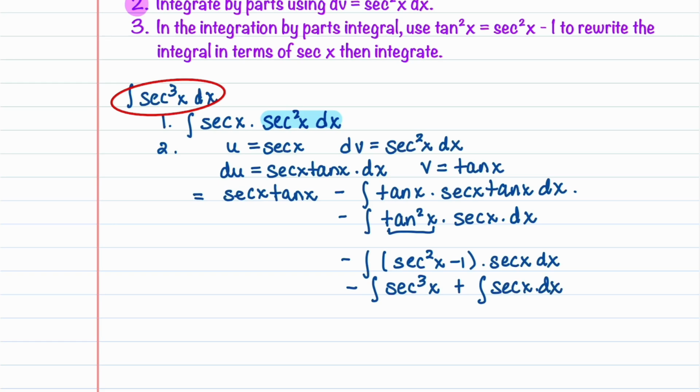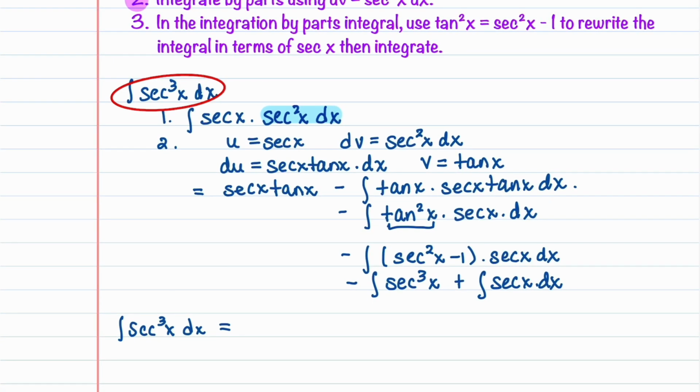Now let's go ahead and combine everything. I'm going to write down the integral secant cubed x dx is equal to our u times v, which was our secant x tangent x. And then we have minus the integral secant cubed x, and I just realized I forgot the dx there. And now we're going to add on the integral of secant x. We know what that is. It's a formula.